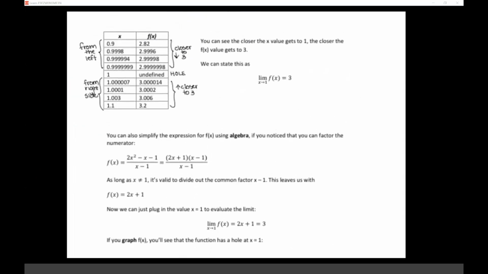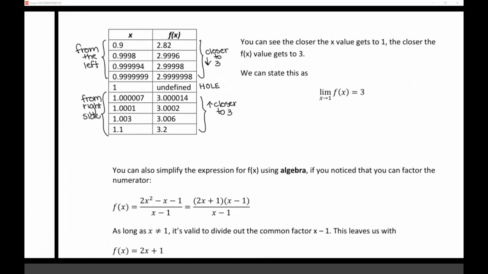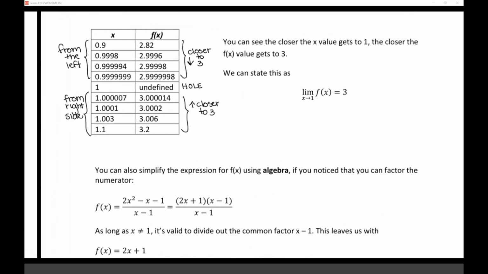Everybody kind of see what I'm showing you here? Everybody understand the table? Yeah, that makes sense. So what you're seeing in tabular form is the limit exists. The limit as x approaches 1 is 3. As I get close to 1 from the left, y is getting closer to 3. As I get closer to 1 from the right, y is getting closer to 3.